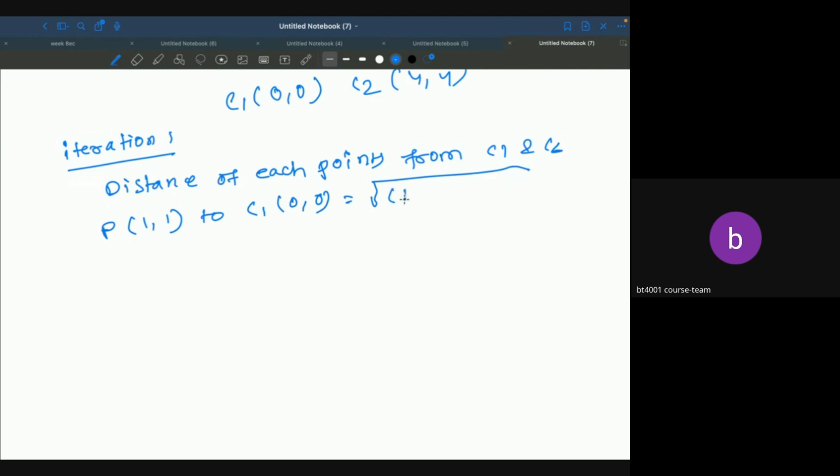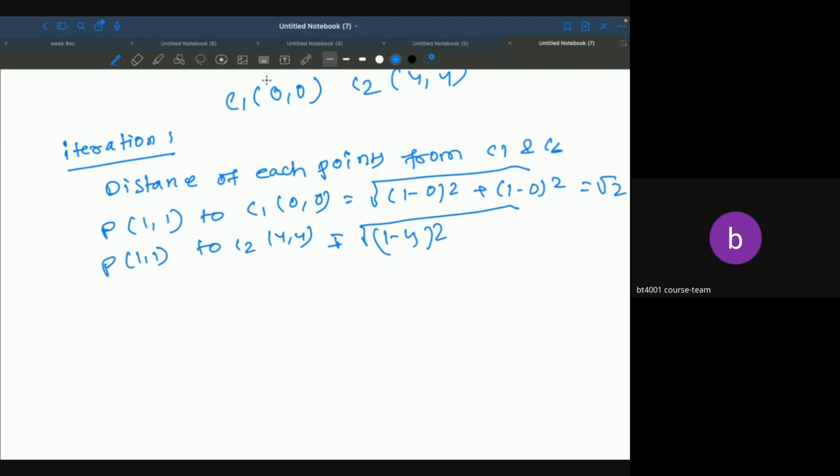This will be square root of (1 minus 0) squared plus (1 minus 0) squared, so root 2. And P(1,1) to C2 (4,4) will be (1 minus 4) squared plus (1 minus 4) squared, so root 18.